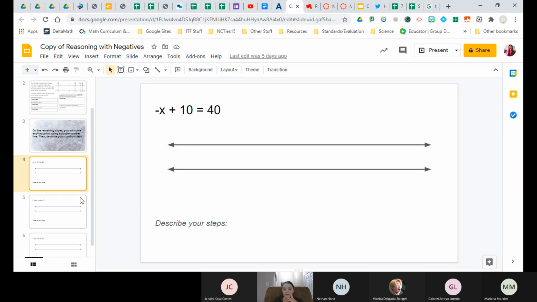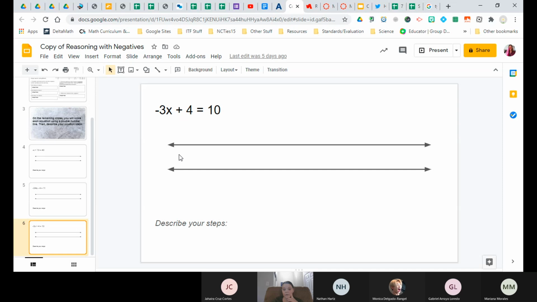They're all going to have a negative coefficient on the x. And just like we did, you are going to plot the answers or the equation on your double number line. And then you are going to think about what steps you are going to take to solve it.